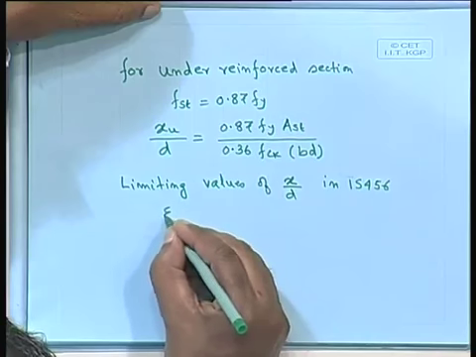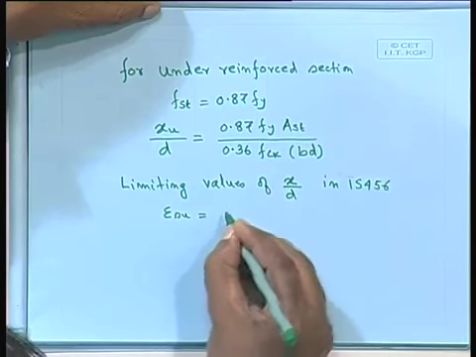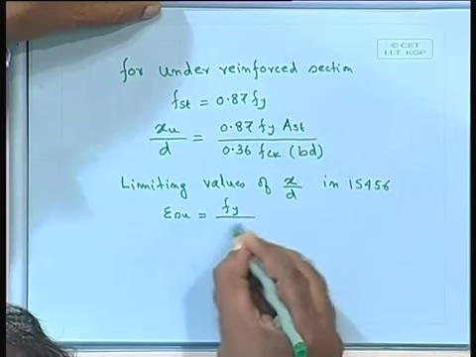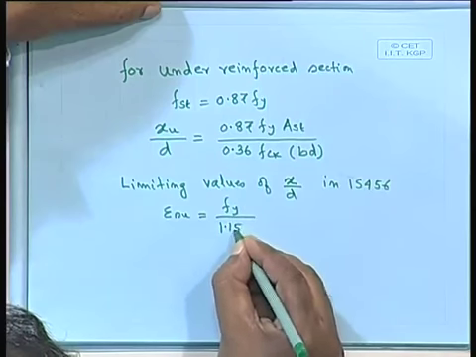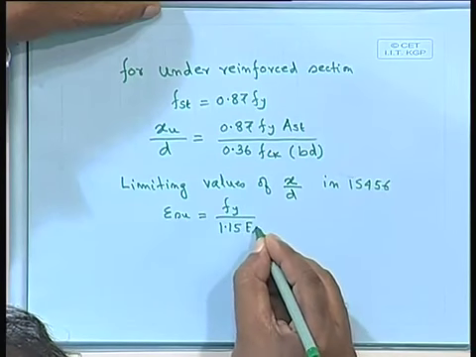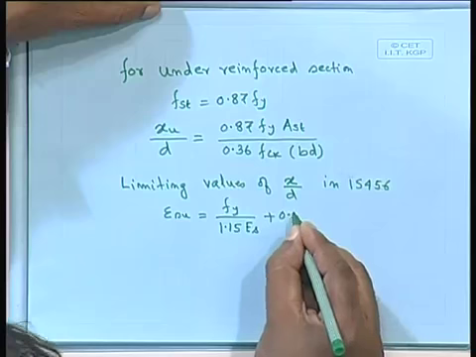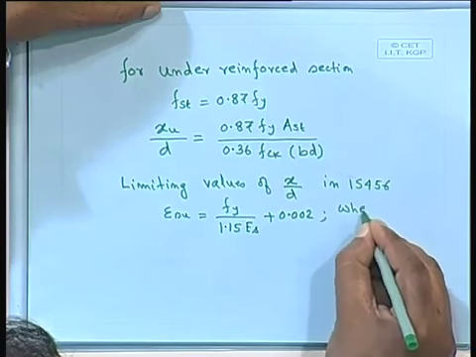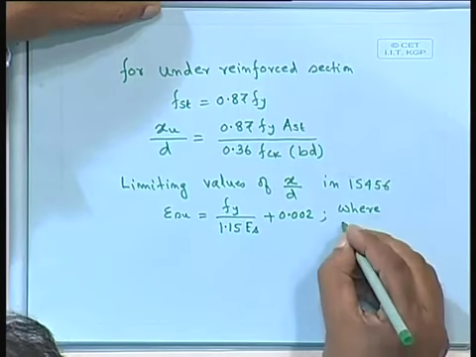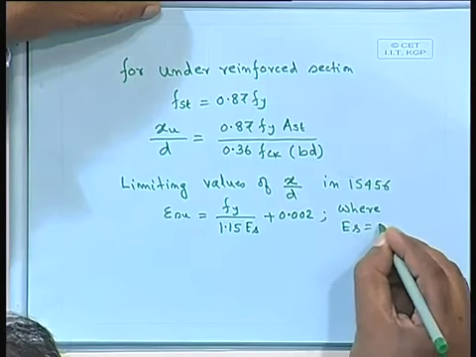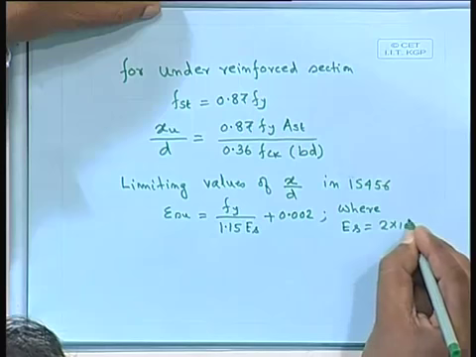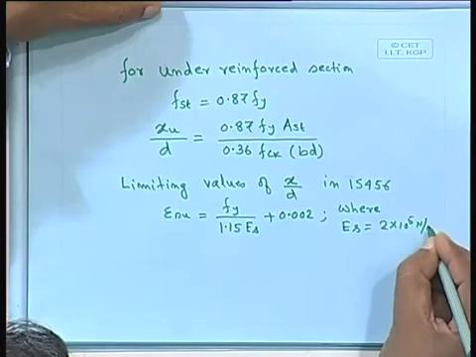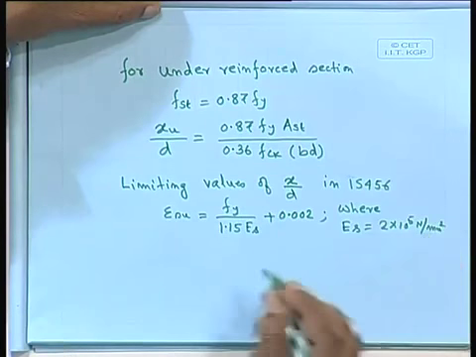Epsilon su equal to fy by 1.15 Es plus 0.002, where Es equal to 2 into 10 to the power 5 Newton per square millimeter.